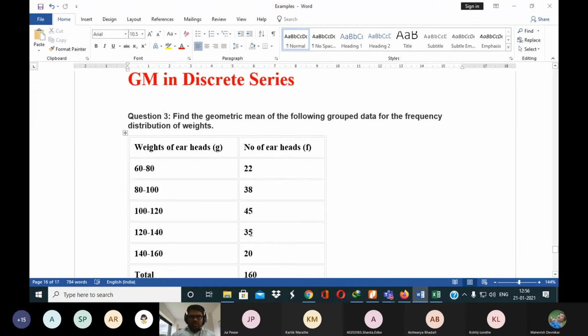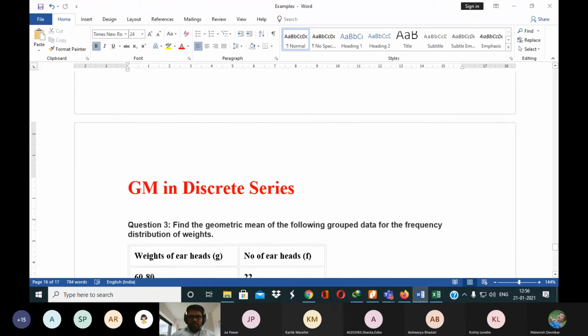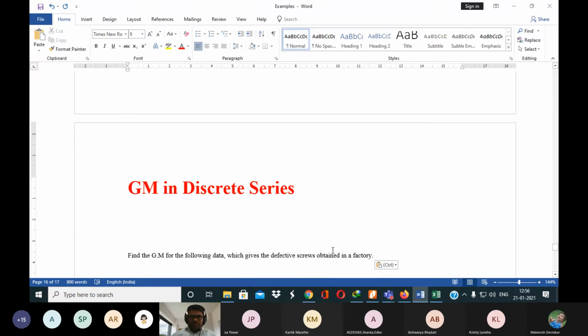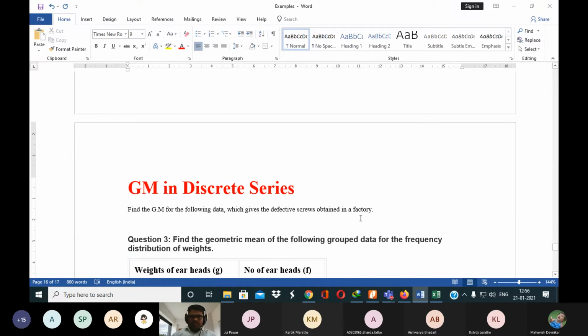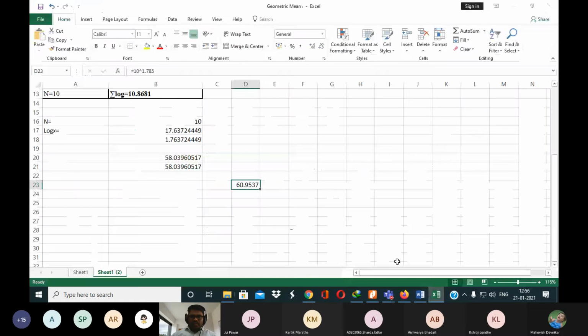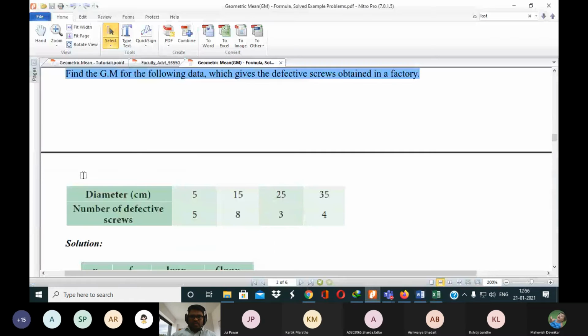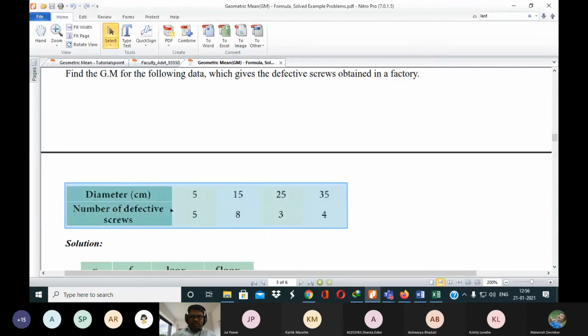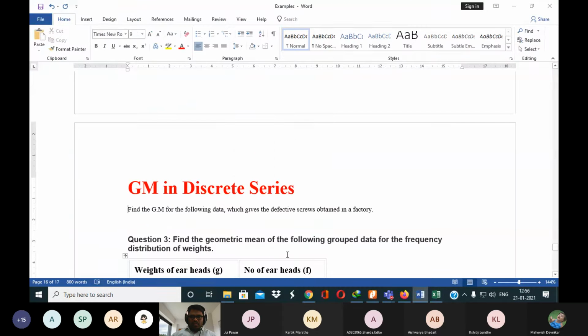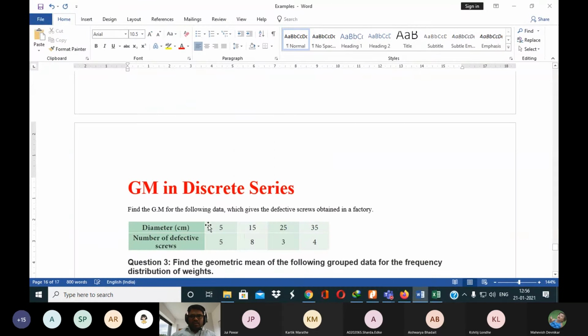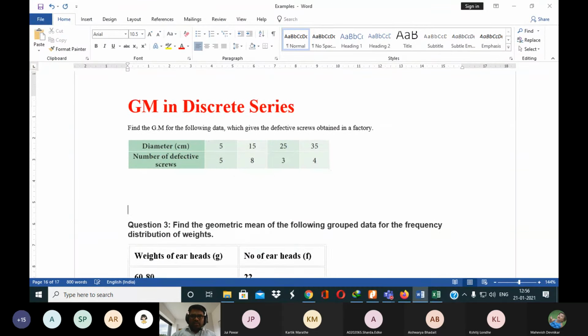Here I will write the problem. Okay, so such kind of data is given to you. You need to calculate the geometric mean. So this is the example of the discrete type of series.